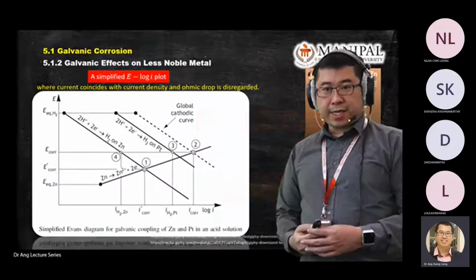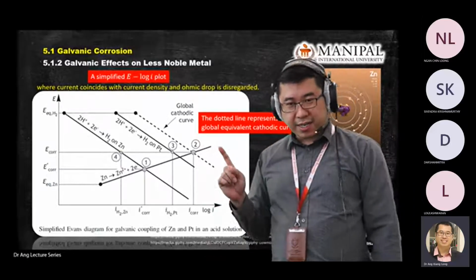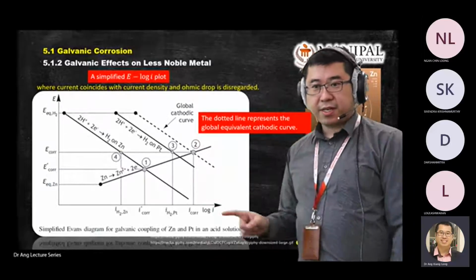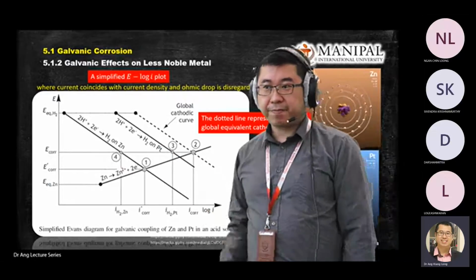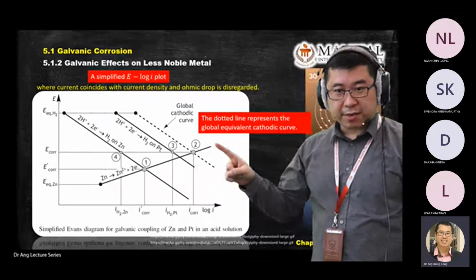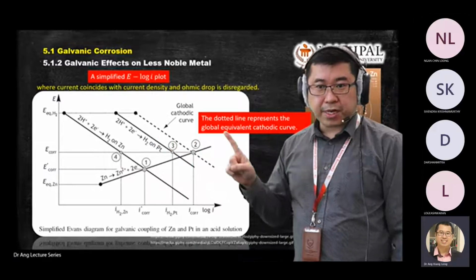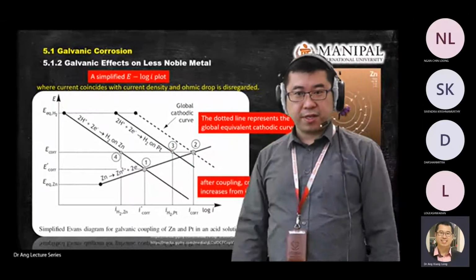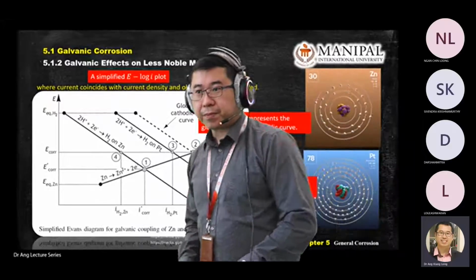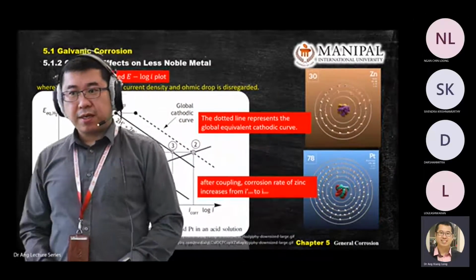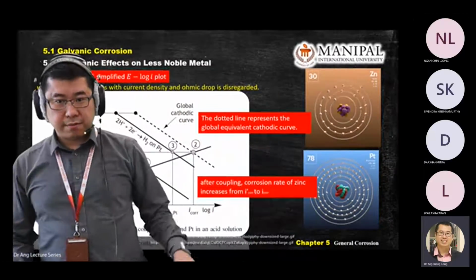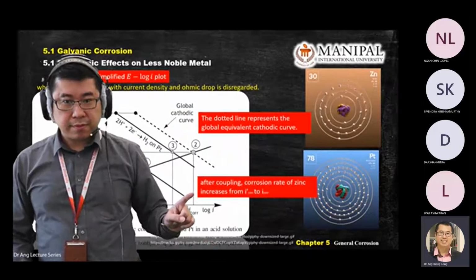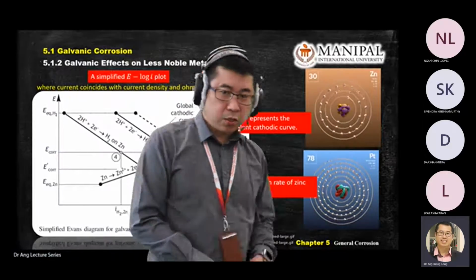Okay, next, there's something special about the graph, which is the dotted line here. So what does this dotted line mean? The dotted line represents the global equivalent cathodic curve.